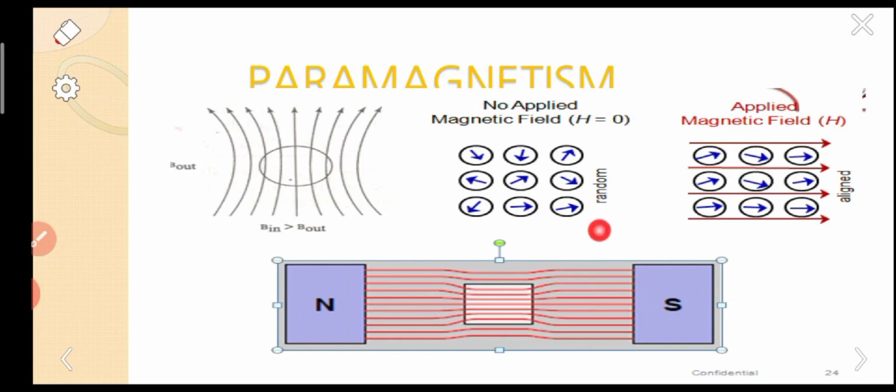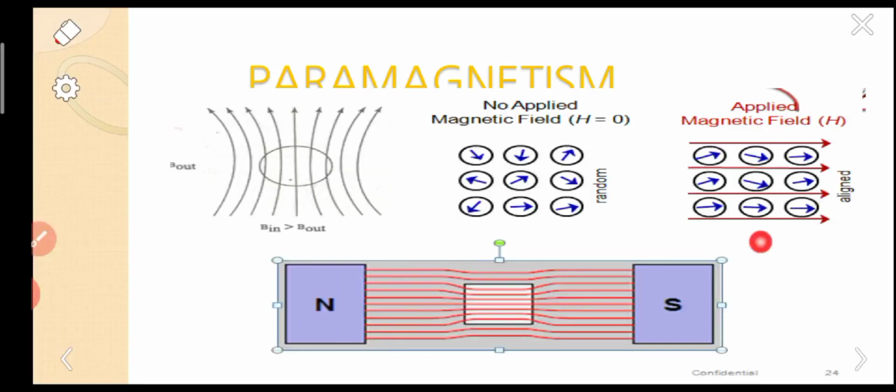Random means zigzag, freely oriented. Whenever we apply the field, they are aligned in the field direction. If you look at the diagram carefully, not all the dipoles are aligned in the field direction, only a few.